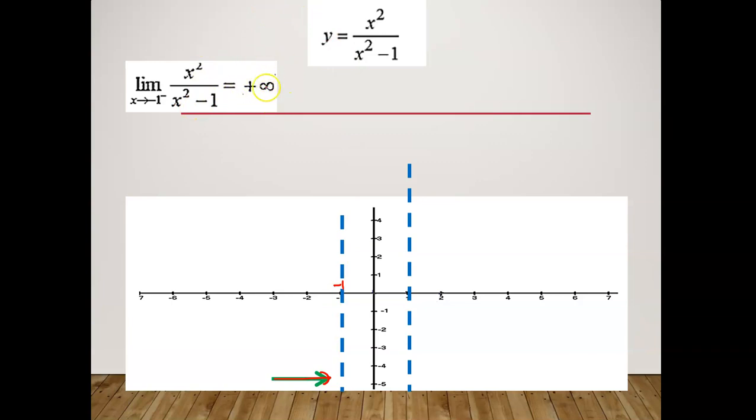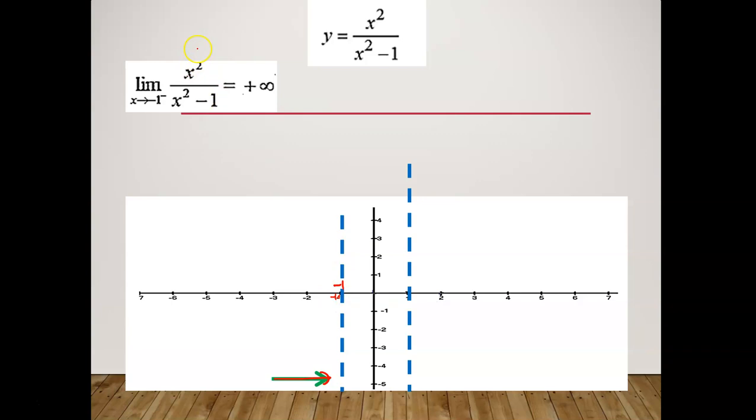How do we get positive infinity? If you want to make it easy, imagine putting in a value, for example negative 1.1.